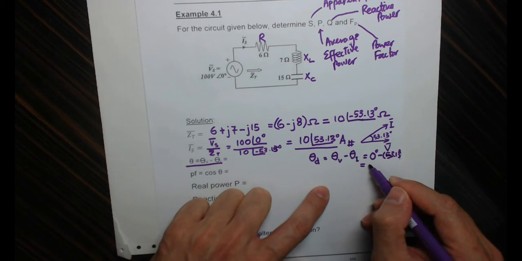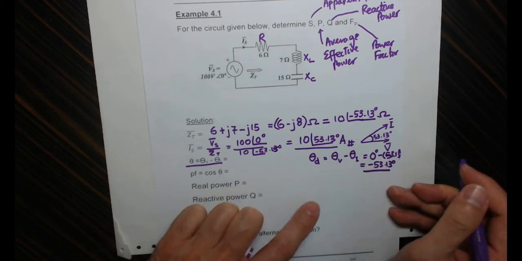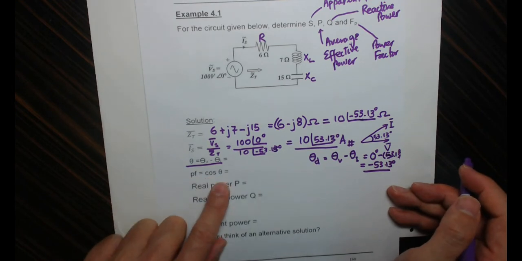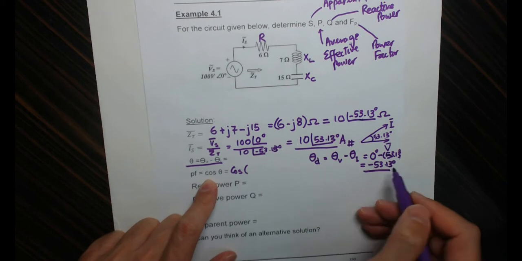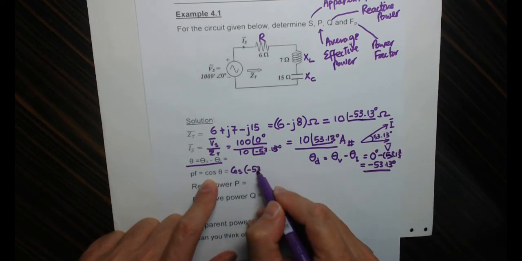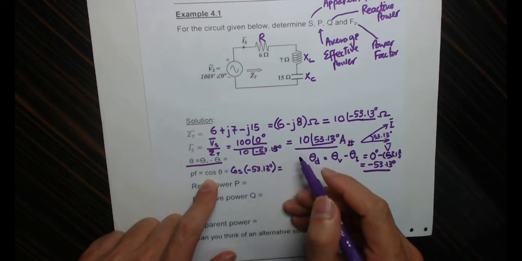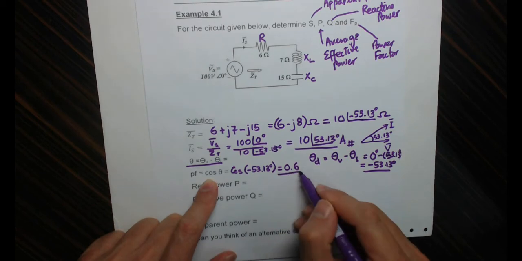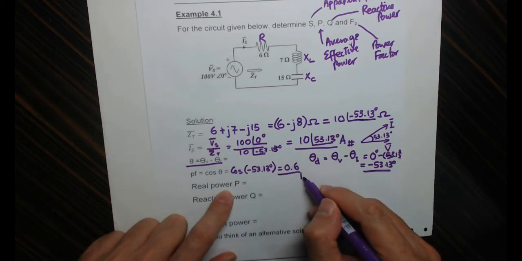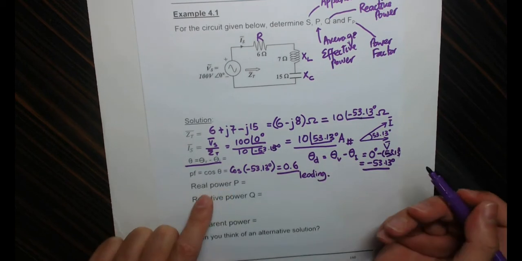So that is negative 53.13 degrees. So power factor is just cosine of this negative number, which gives me a power factor of 0.6. We write 0.6, but we say it's leading because the current leads the voltage.